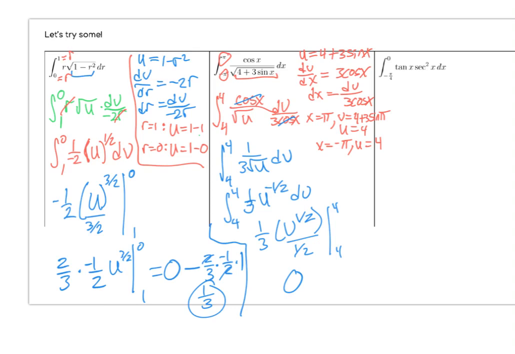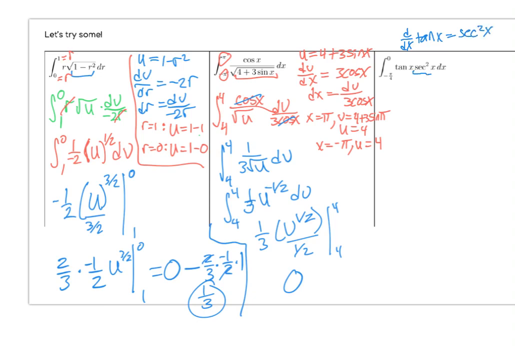All right, the last thing we've got here is another one where we end up with some tricky things to try to decide what's going on. I know that I've got both a tangent function and a secant function as part of this. I also know that the derivative of tangent of x is secant squared of x.